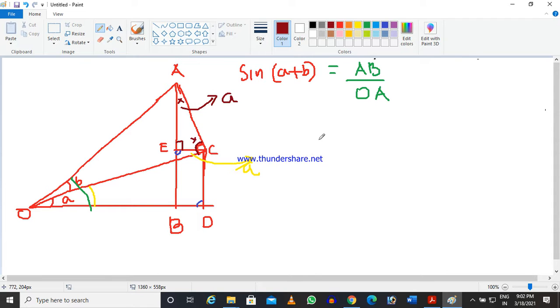I'll try to prove it in detail. Let us see how I am saying that this and that angle are equal. Just one minute.